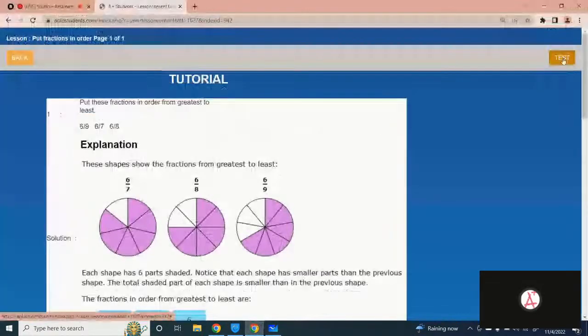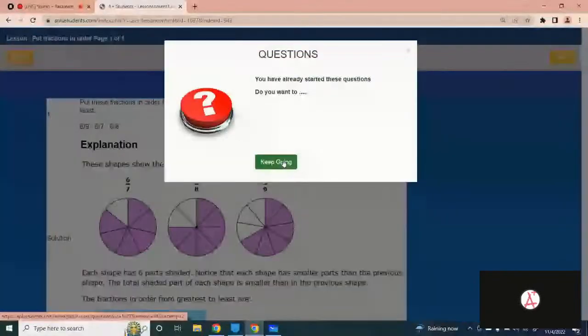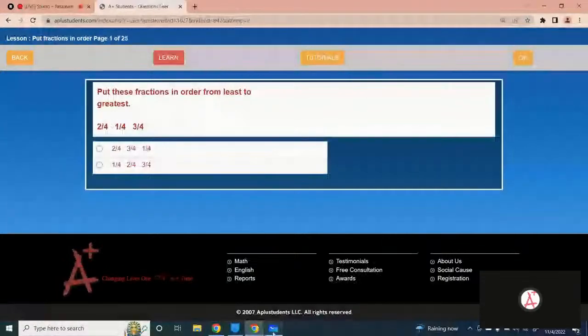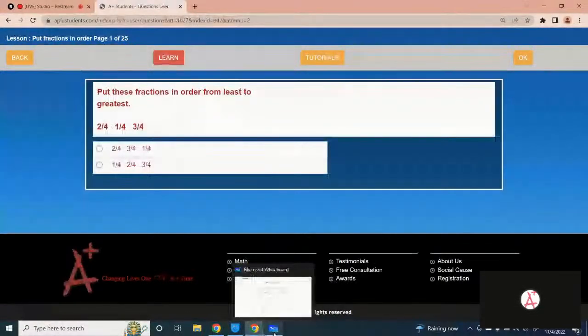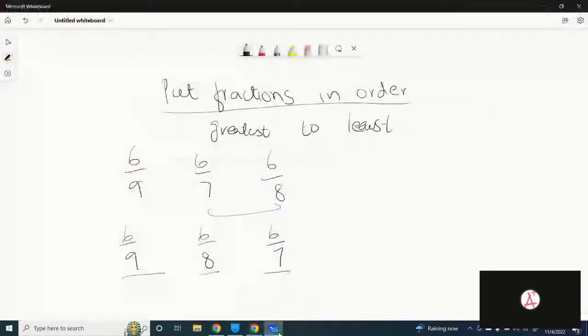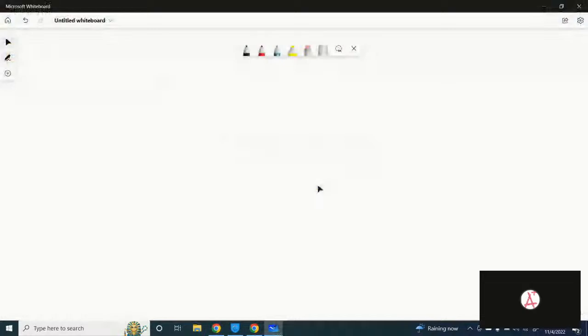Okay, let's start with the practice questions. Okay, 2 by 4, 1 by 4, and 3 over 4, and you have to arrange from least to greatest. Which one is the least one?